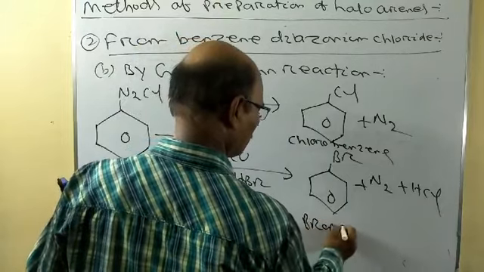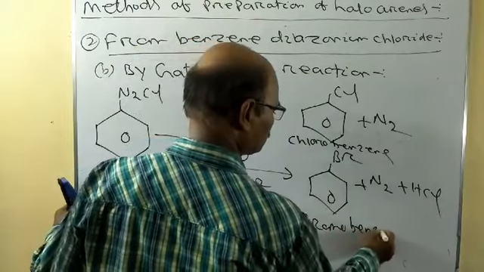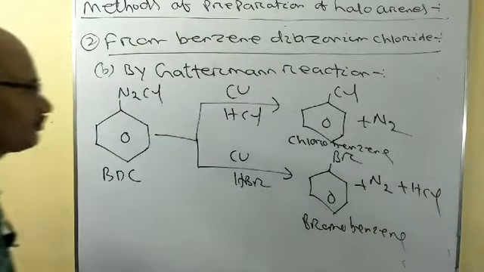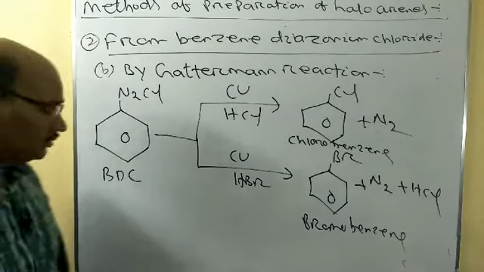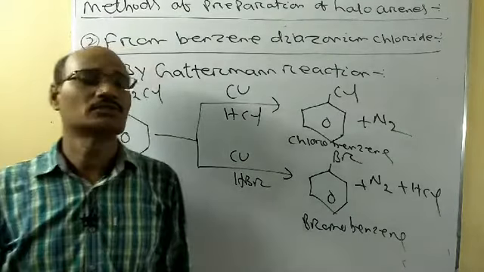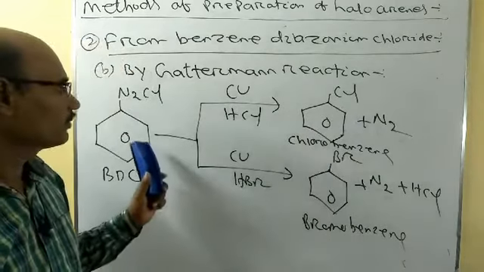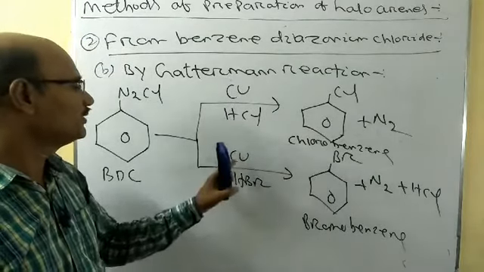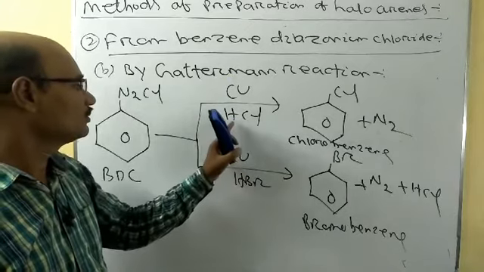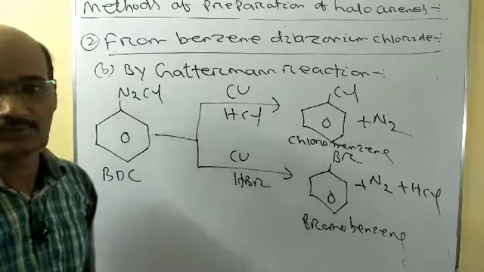So in this way we can get chloro and bromobenzene from the BDC by taking copper metal in place of the hydrogen halide.